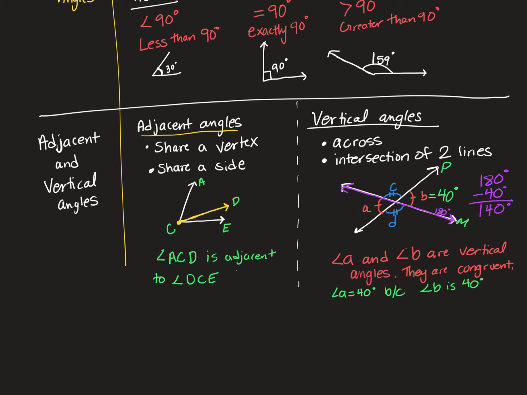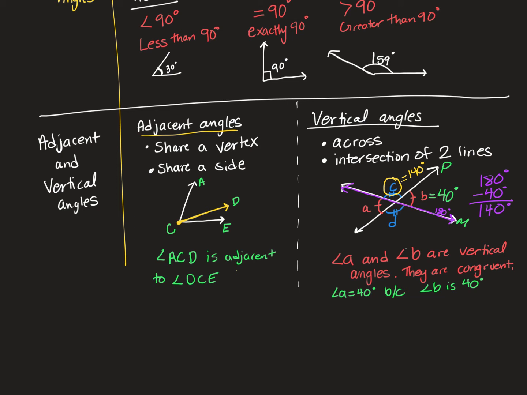So that means angle C equals 140, because angle C and angle B have to add up to equal 180, because they're above that purple line, line M.